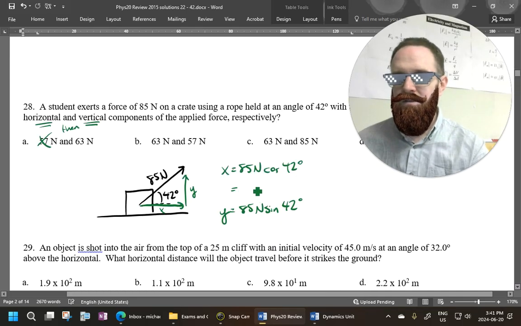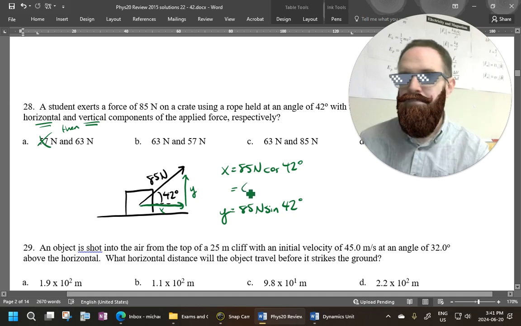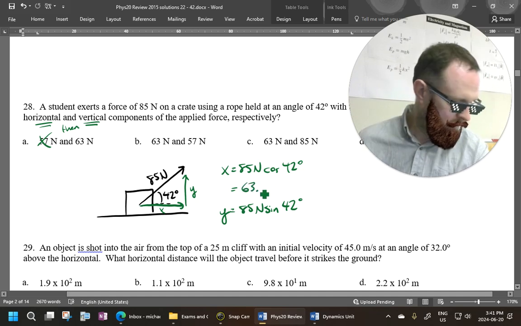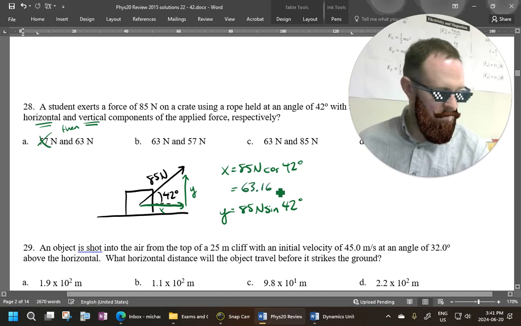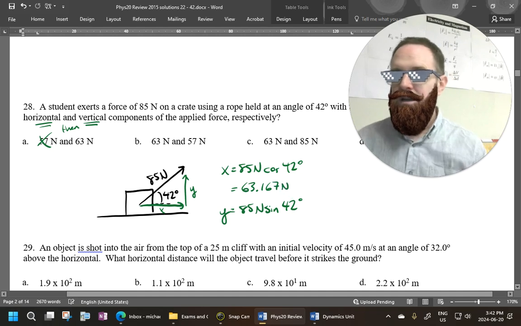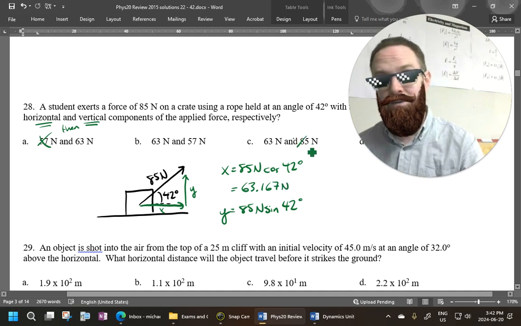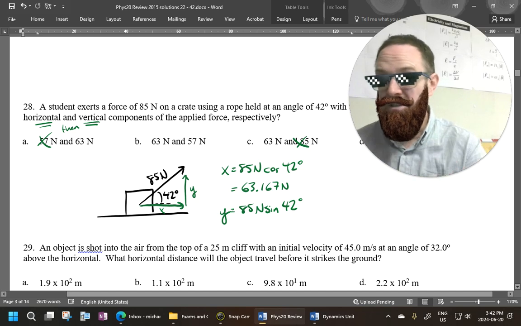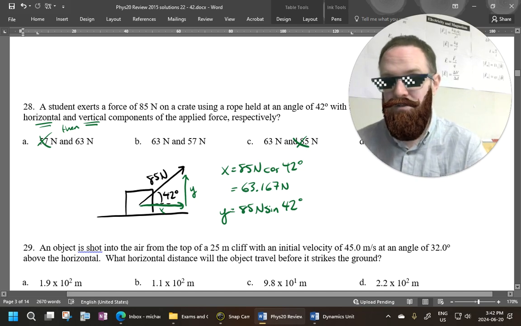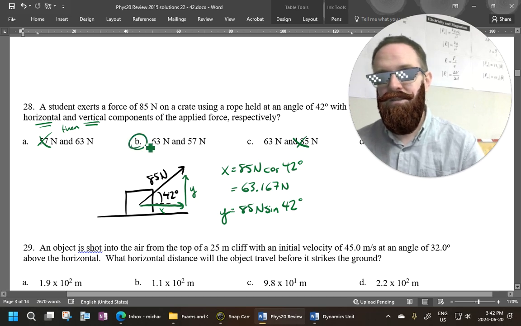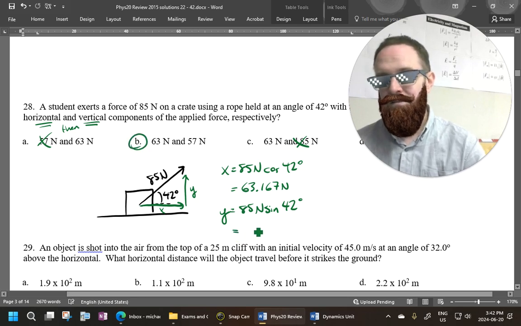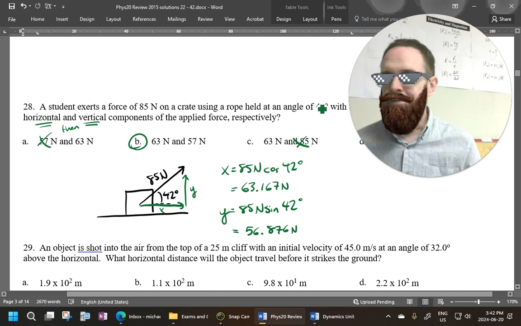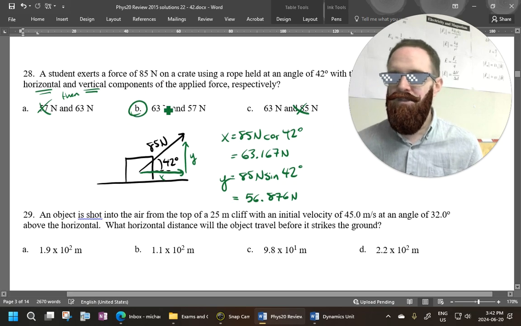So this is going to be 63? Yep. 167 newtons. And it's probably not this 85, because the hypotenuse is always the longest side of a right angle triangle. So it's probably going to be the 57 one here. So this is 56.876 newtons. There you go.